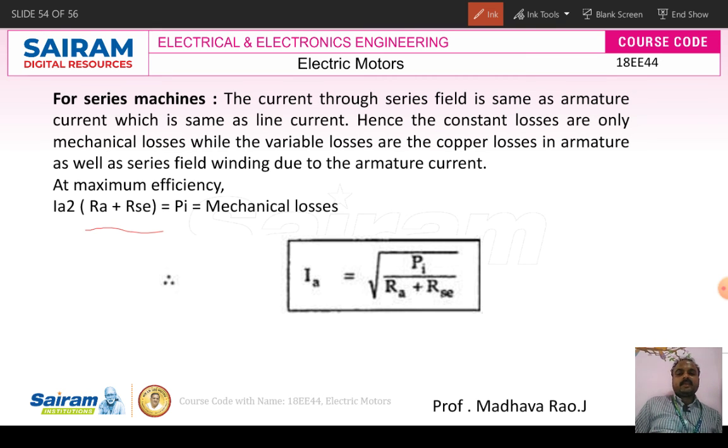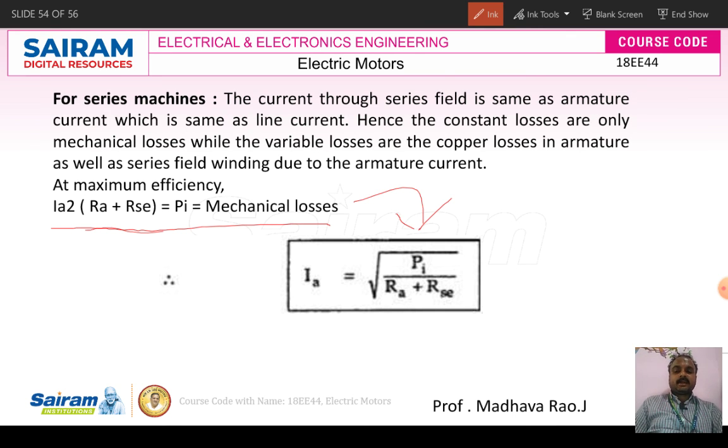At maximum efficiency, both the series field resistance and the armature resistance have to be considered. IA square into (RA plus RSE) is equal to the iron or mechanical losses, Pc. We have to take this relation.